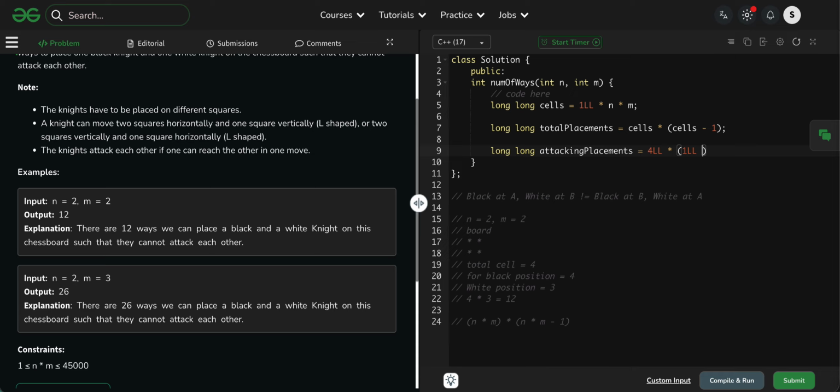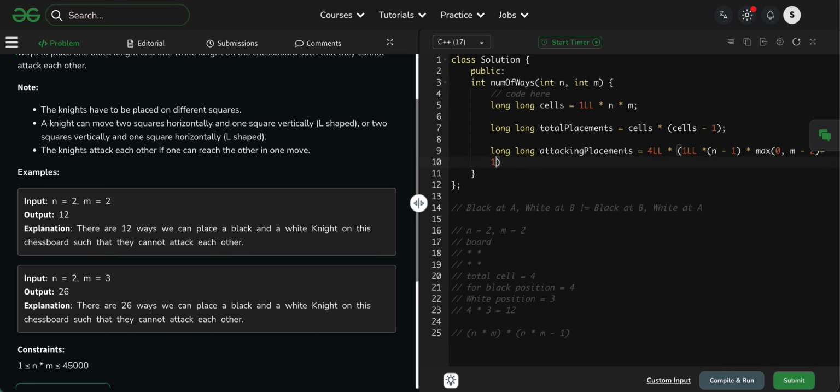This is the 1 ll, and then we put our concept, which is n minus 1 into max of 0 to m minus 2, and plus 1 ll into n minus 2 into max of 0 to m minus 1, right?